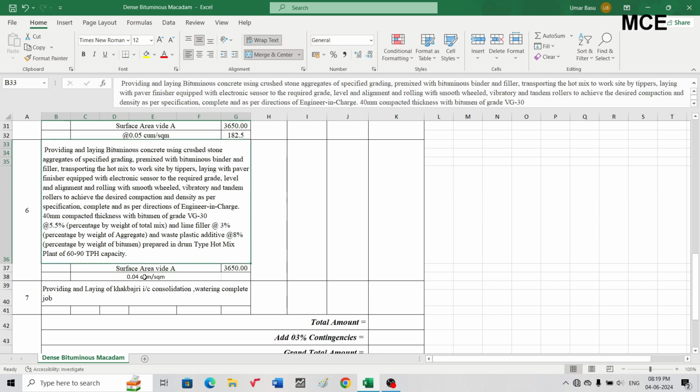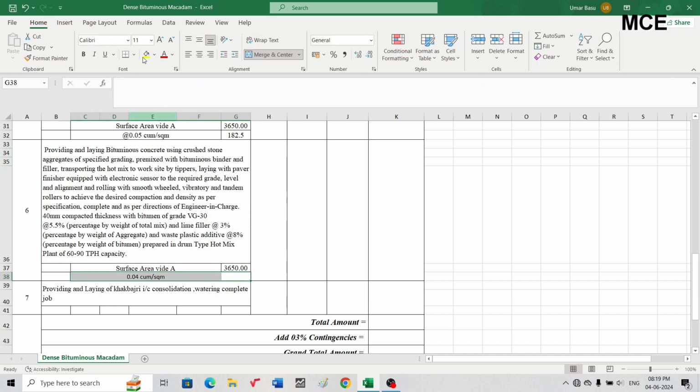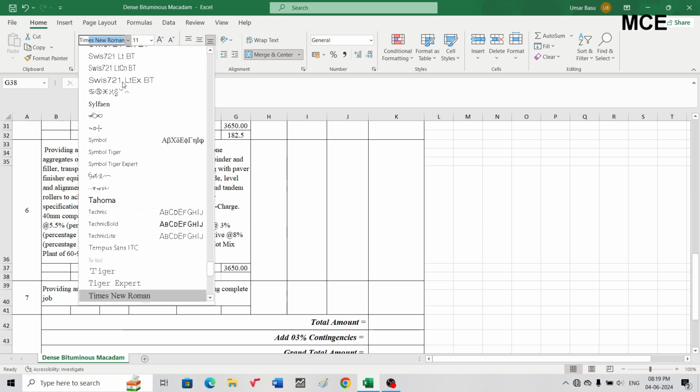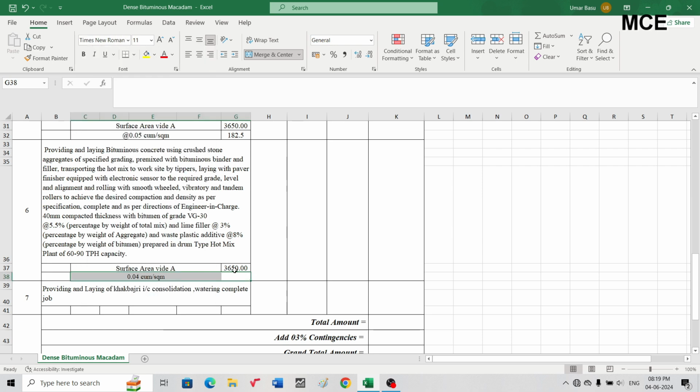Simply multiply the surface area with the compacted thickness, which is 0.04. So 146 cubic meters is the quantity for this bituminous concrete. Again unit is cubic meter, quantity is 146 cubic meters.